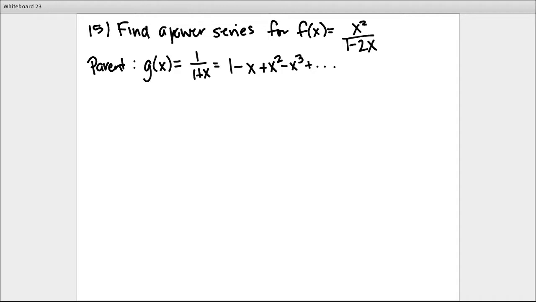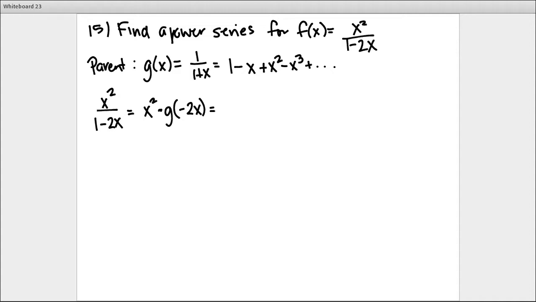So when I'm trying to find f of x, which is x squared over 1 minus 2x, what I'll do is plug a negative 2x into that g function, right? And multiply that times x squared. And that's what will give me this function.